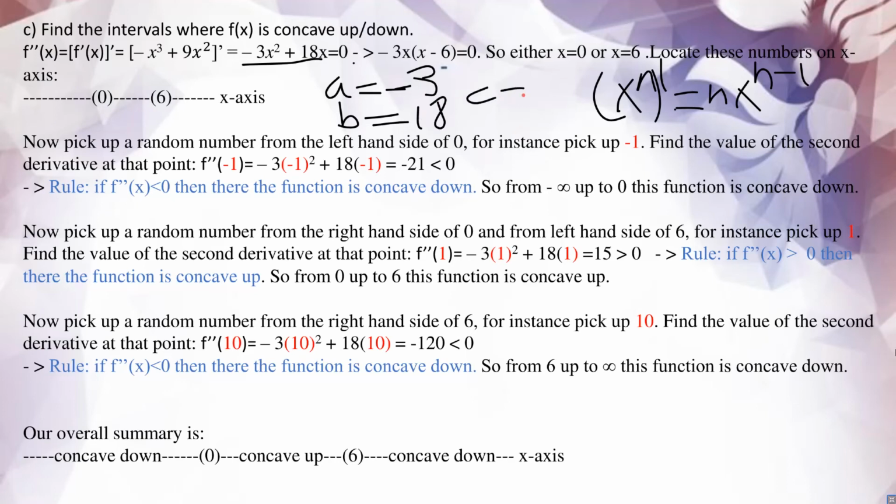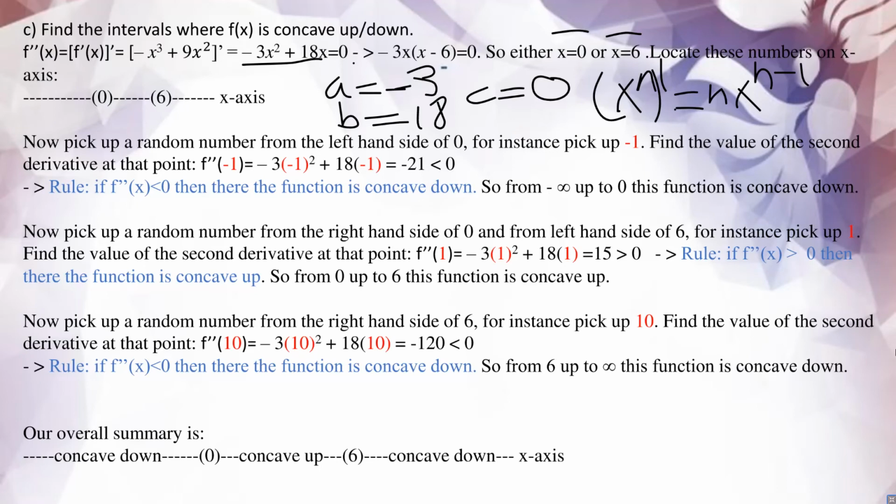And C, the constant number, there is no constant there, it's 0. So if you type these values in your calculator and use mode 5, 3, you are going to find these two answers, 0 and 6.